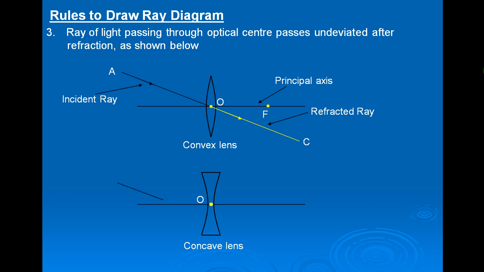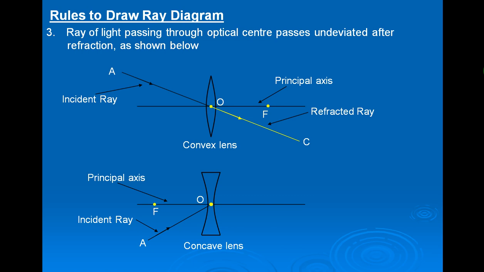This is the principal axis of the lens and point F on the principal axis is the focus point. From point A, any ray of light incident on the lens passes through optical center O. So AO is an incident ray of light passing through the optical center.